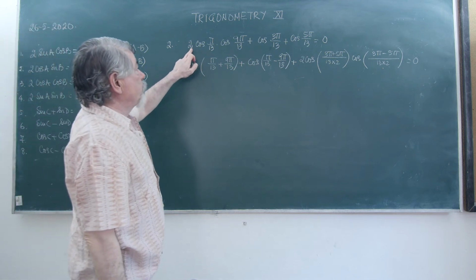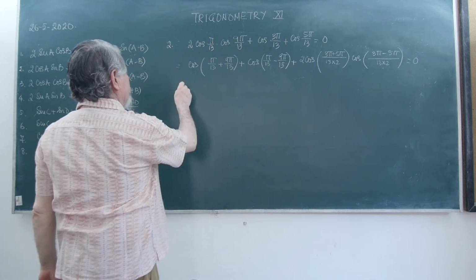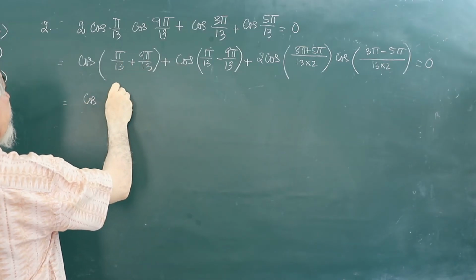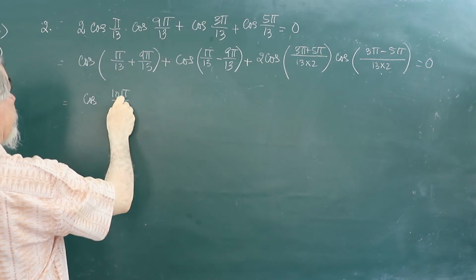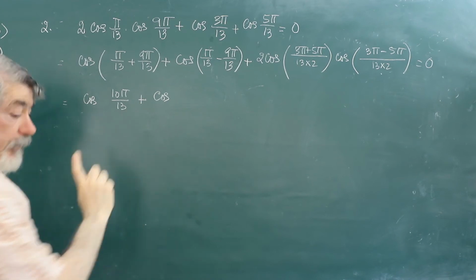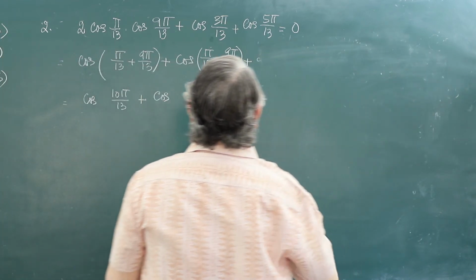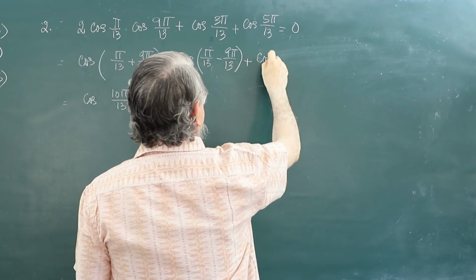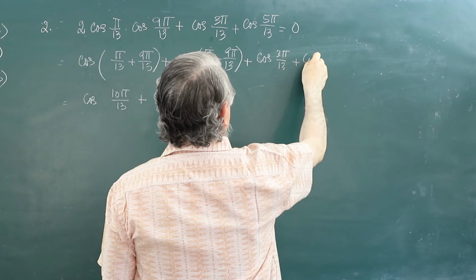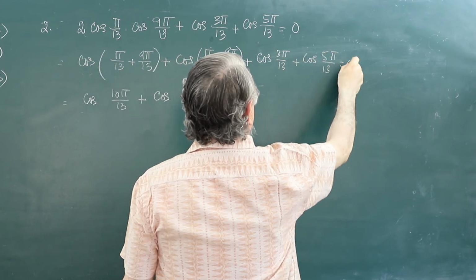Now 2 cos A cos B. What did we get? Let us see from here. We got cos 10π/13 plus cos, okay, let us not apply here, let it be here as it is. Let it be cos 3π/13 plus cos 5π/13 is equal to 0.